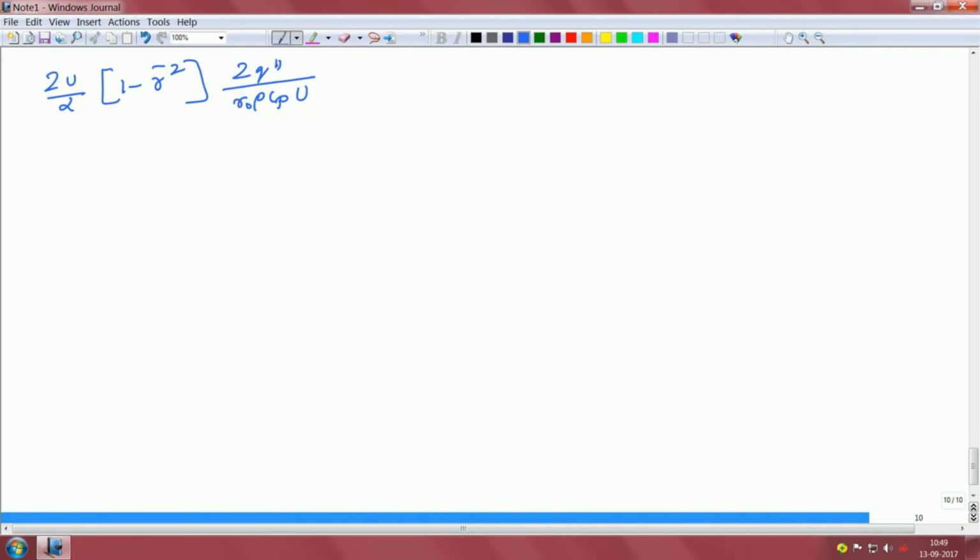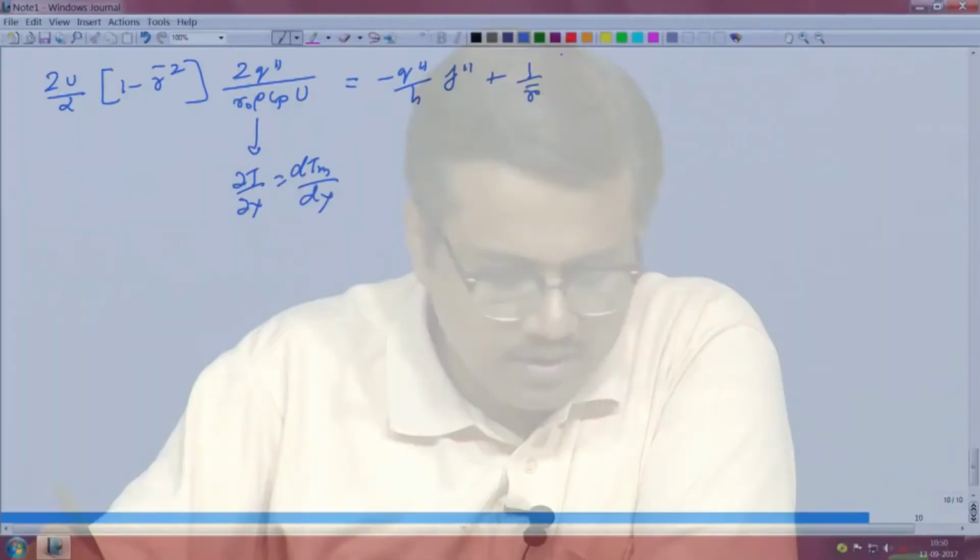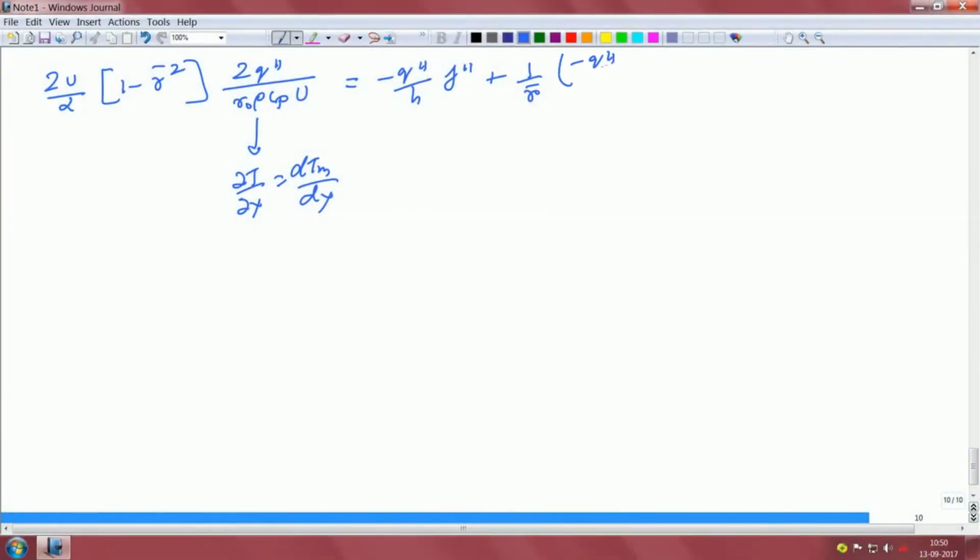Why can I substitute that? Because dT by dx is the same as dTm by dx, right? That is a substitution that we have made, minus q double prime h into f double prime, right, plus 1 by r bar q double prime by h f prime, where h is given as q double prime divided by T naught by T mean, right?